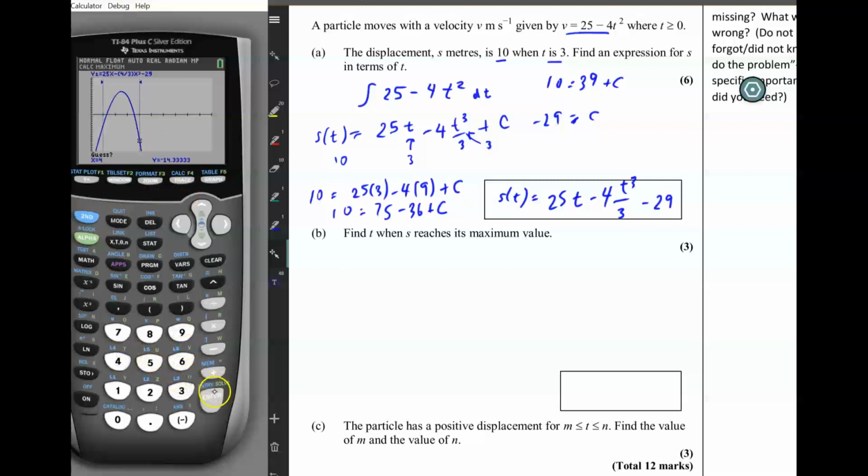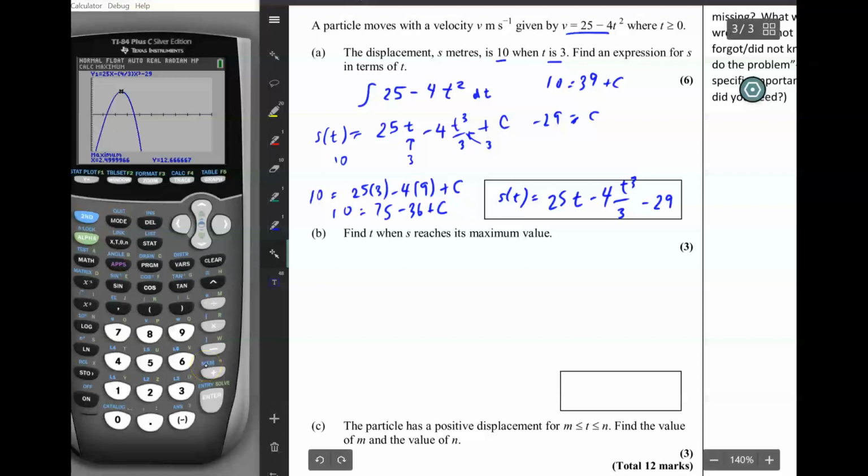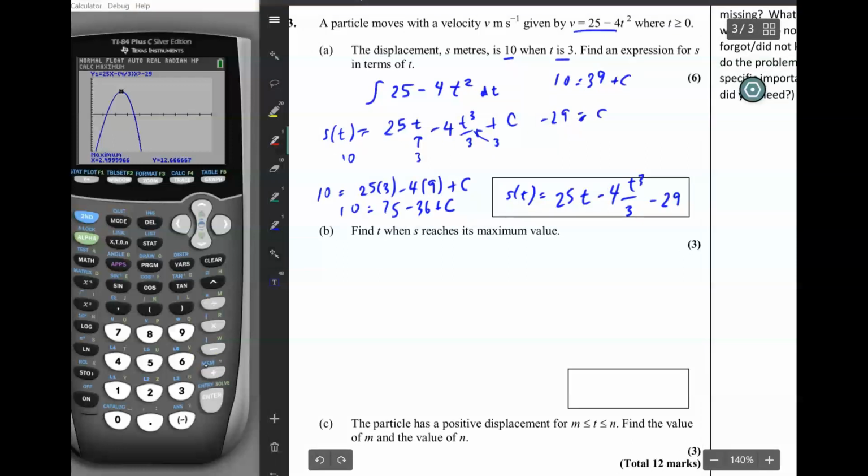Okay, and then we hit enter for guess, and the maximum point is 2.49999, which would be 2.50. Right? So I'm going to say that the t value is 2.50 when s reaches its maximum value. Apparently the s maximum value is 12.67, right?